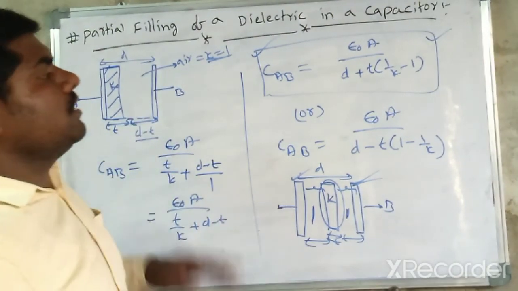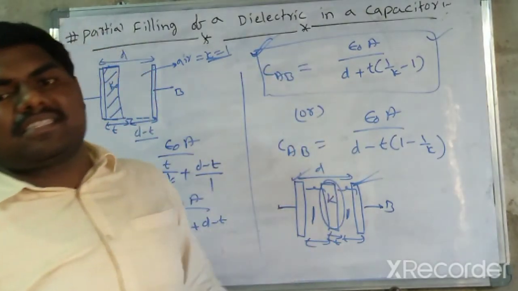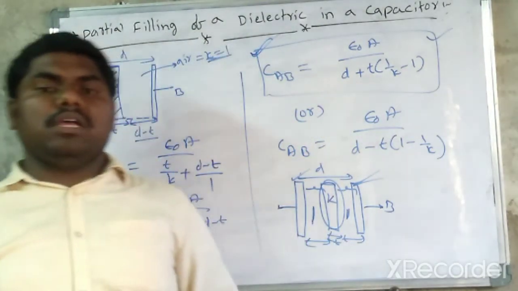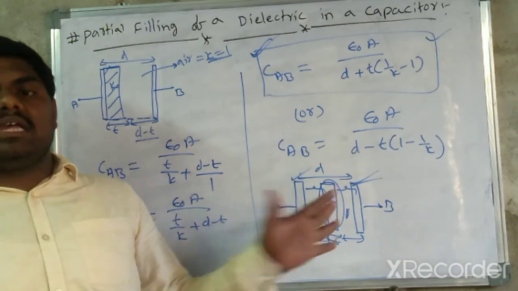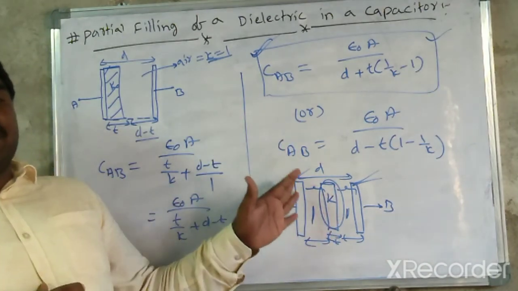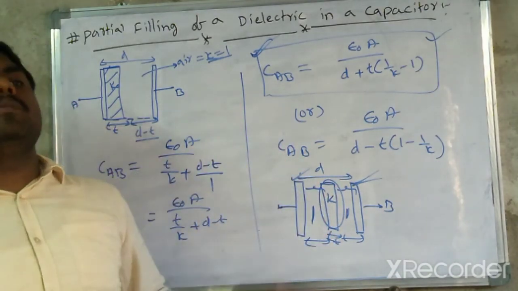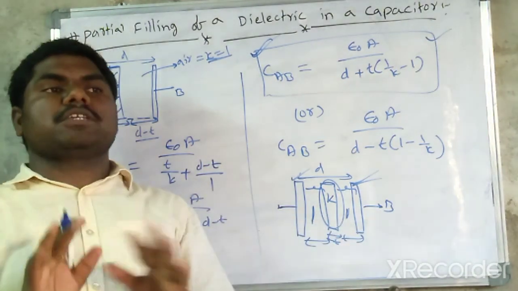Whatever the position of the dielectric, this formula is ultimately the same and does not change. So the capacitance of this system is independent of the position of the slab between the plates. Keep this in mind.